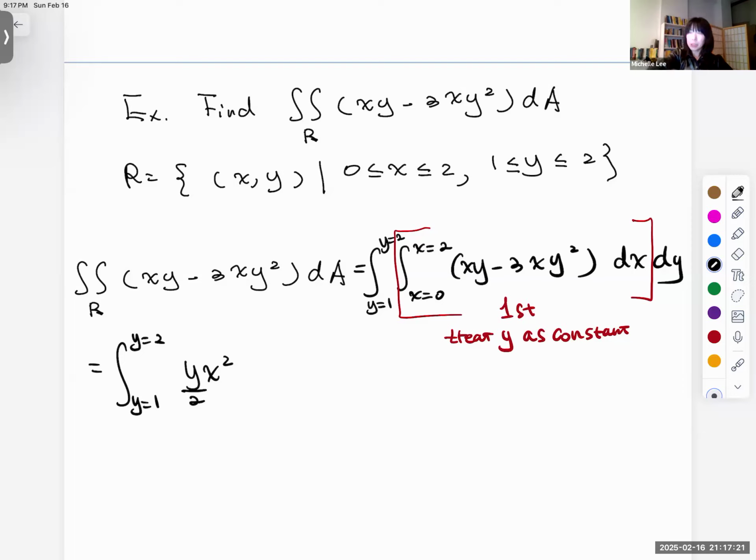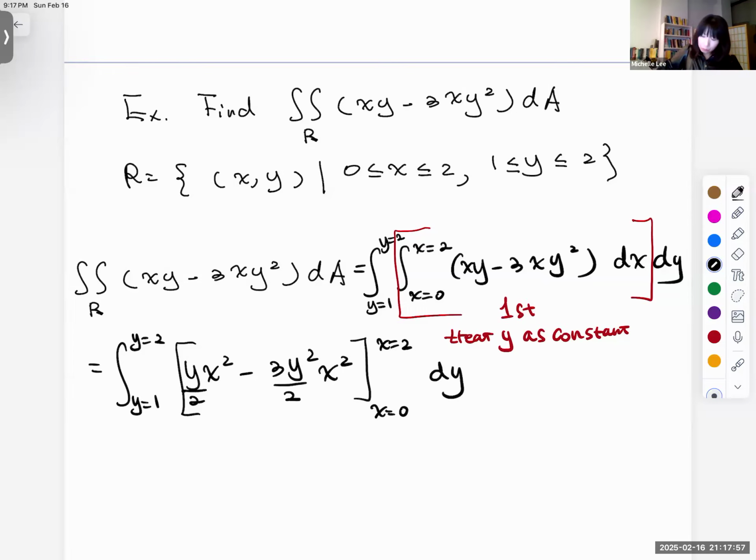Now, second term, looking at this one, y is constant. So same x squared over 2, everything is constant, right? So we have negative 3y over 2 x squared. And then we want to evaluate from 0 to 2 for the x and then dy. Is it clear to you?